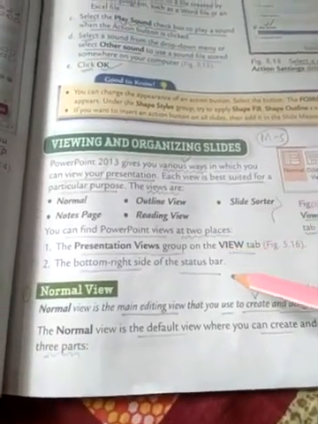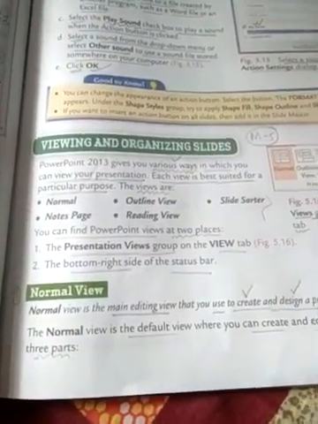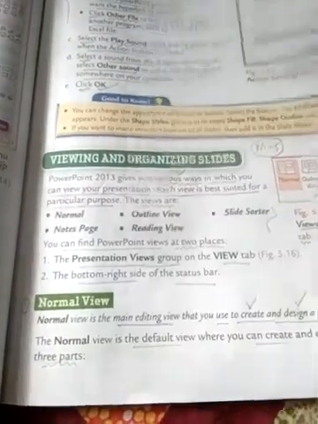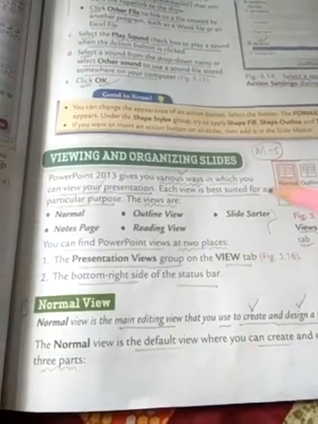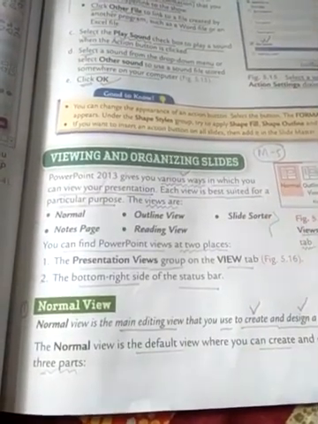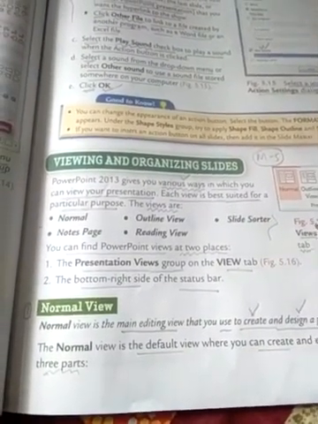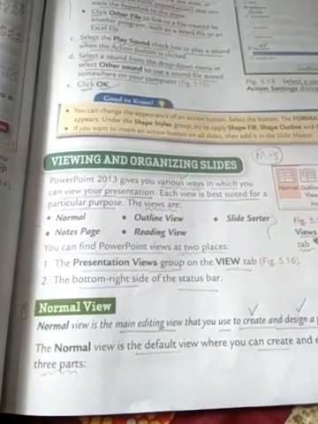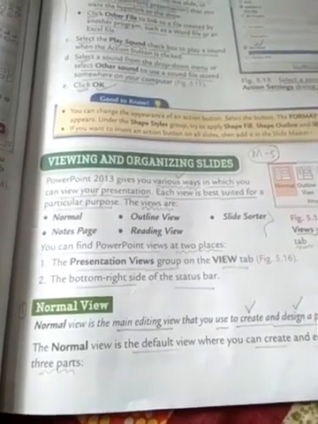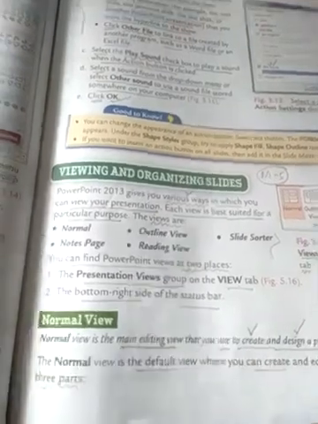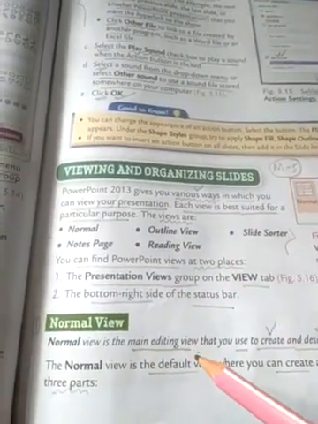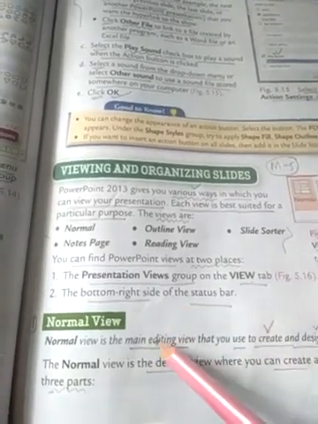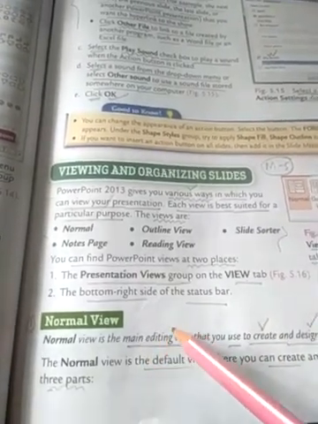The first type of view is called the normal view of the PowerPoint 2013 presentation. We have to learn what the normal view is, why it should be used, and for what reason. The meaning of normal view is, this is the view that is used mainly for editing.